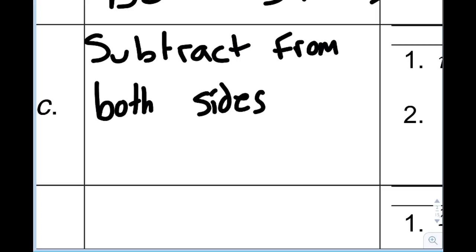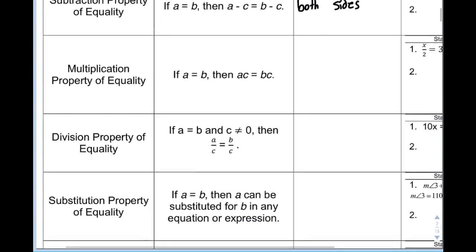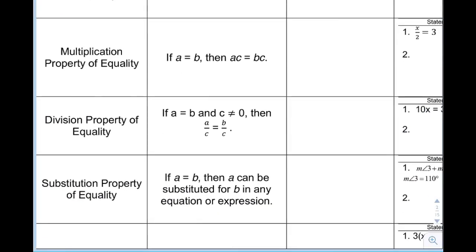And it's important just to remember that it has to be the same. Down below, you do the same thing with multiplication. Multiply both sides. And then finally it's divide.